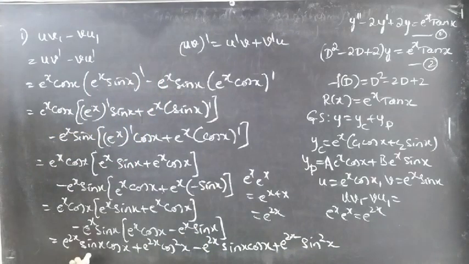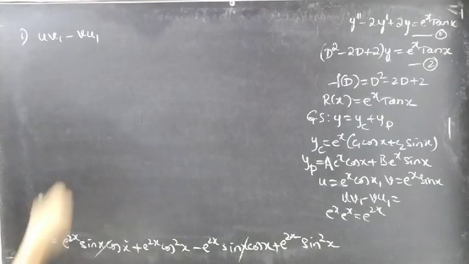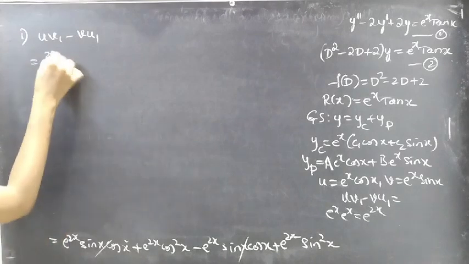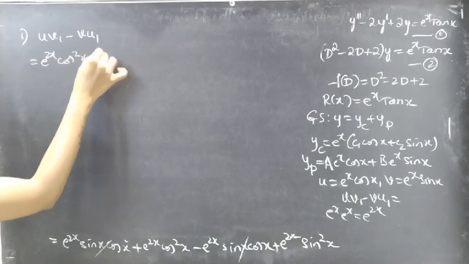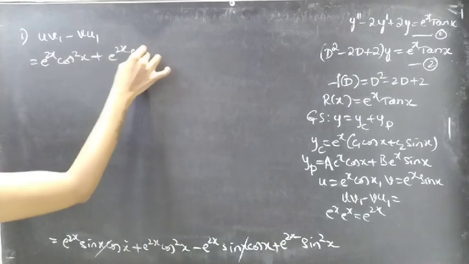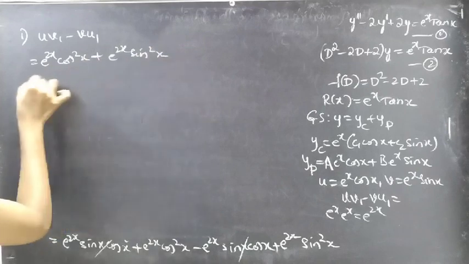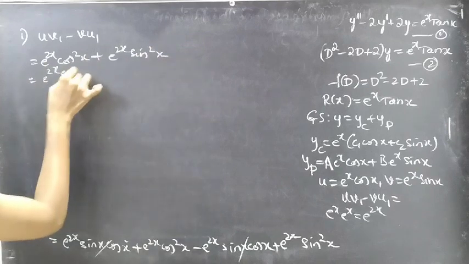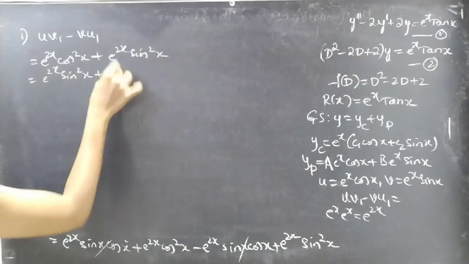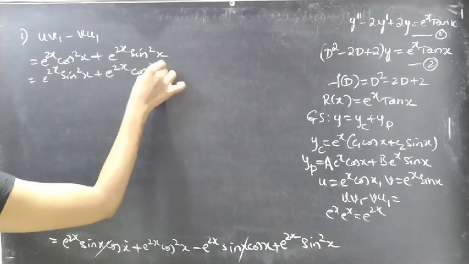Okay, here e power 2x sin x cos x minus e power 2x sin x cos x gets cancelled. This gives us e power 2x cos square x plus e power 2x sin square x, or we can just write it as e power 2x sin square x plus e power 2x cos square x.